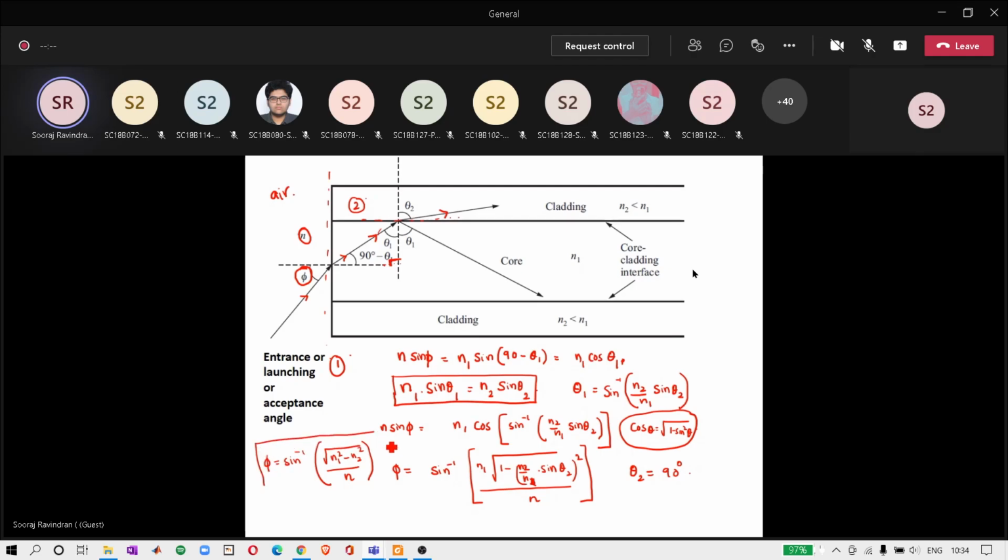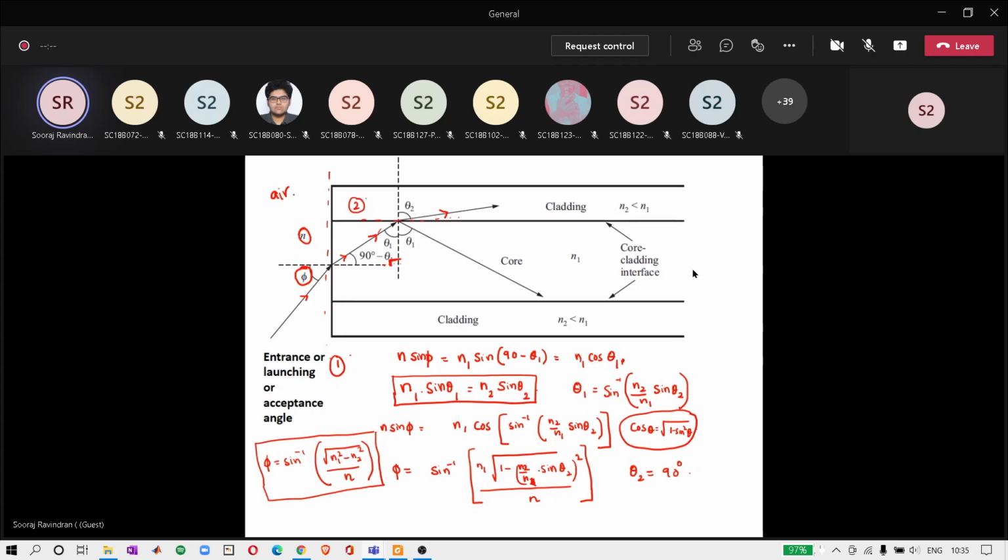Phi becomes sine inverse of root of n1 square minus n2 square divided by n, where n1 is the core refractive index, n2 is the cladding refractive index, and n is the refractive index of the medium or the ambient medium. So in this case, n is 1. If it is air, then n becomes 1. So then phi becomes sine inverse of the square root of n1 square minus n2 square.